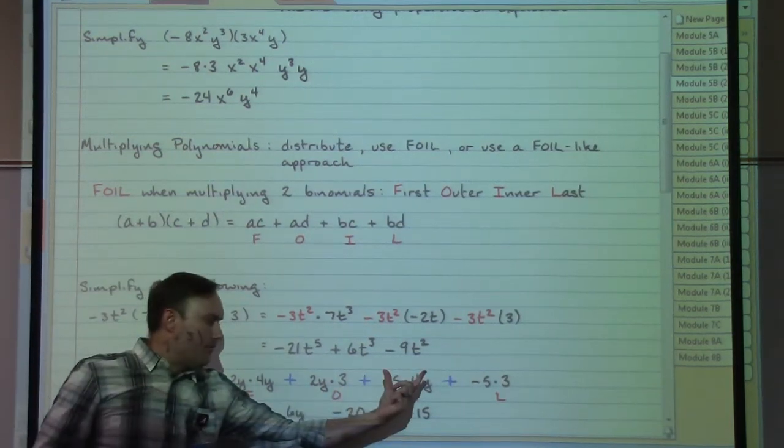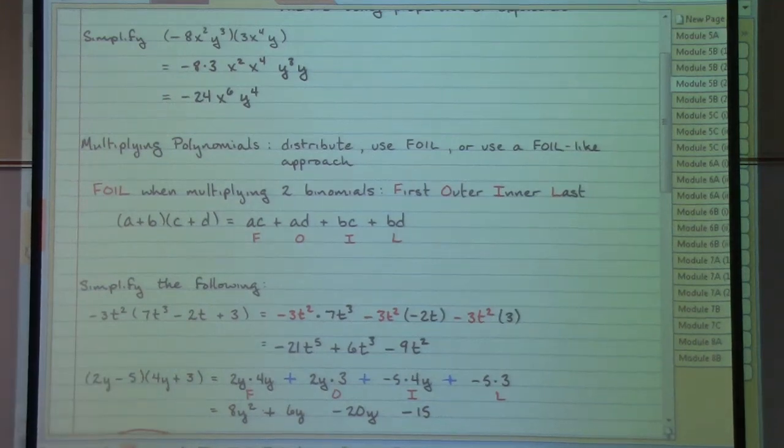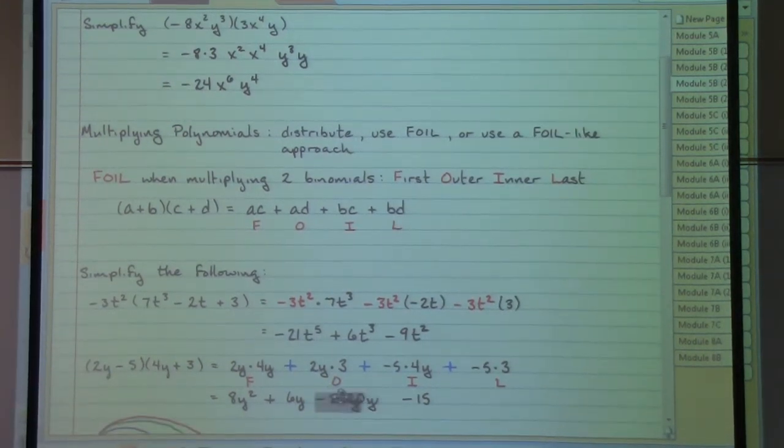The I stuff was negative, plus a negative, well, I can just say minus. So minus 20y. And the L stuff was negative, plus a negative could just be written as a minus, so minus 15.